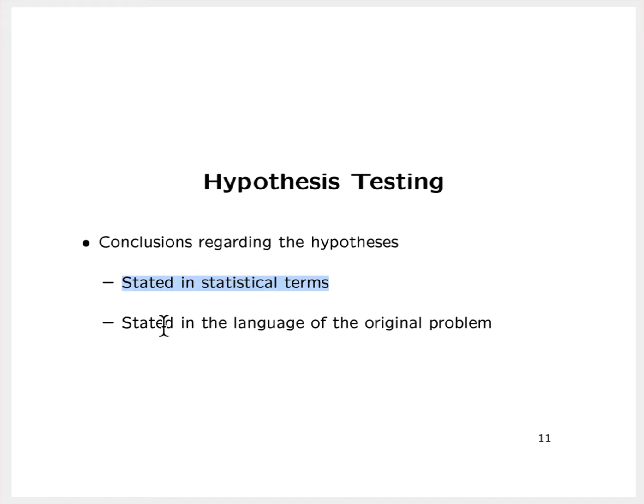And then also, if there is a context to the example, if there's a real world situation associated with the problem, then I'll ask you to translate the conclusions that were stated in statistical terms into the language of the original problem.